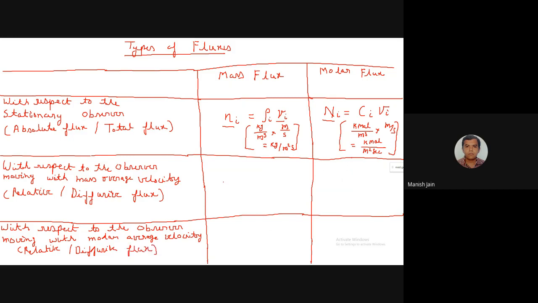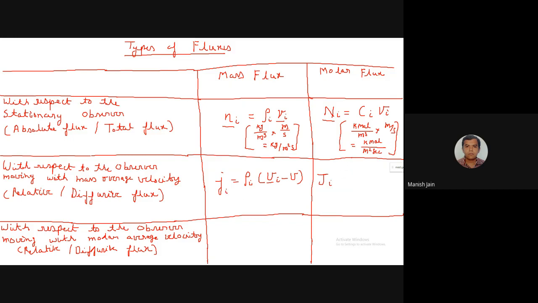Here it is represented by the small ji when you have the observer moving with the mass average velocity and you are calculating the mass flux. It can be calculated as rho i multiplied by the relative velocity vi minus v, where v is the mass average velocity. Similarly, for the molar flux with the observer moving with the mass average velocity, it is represented by the capital Ji.